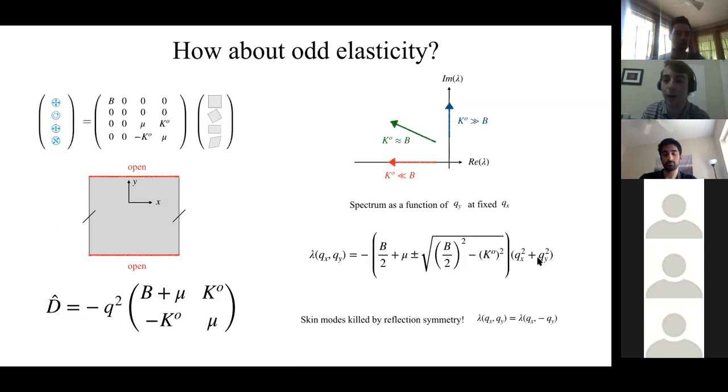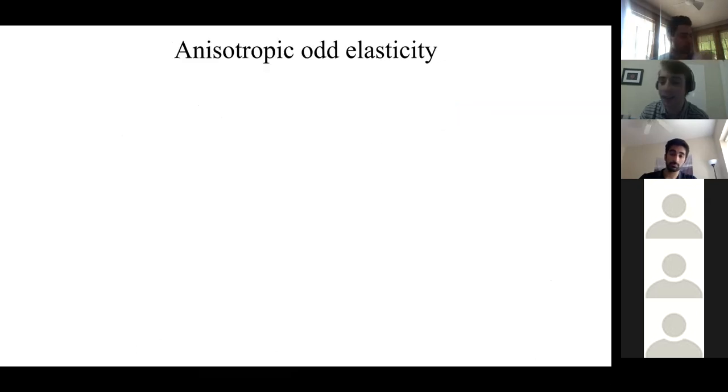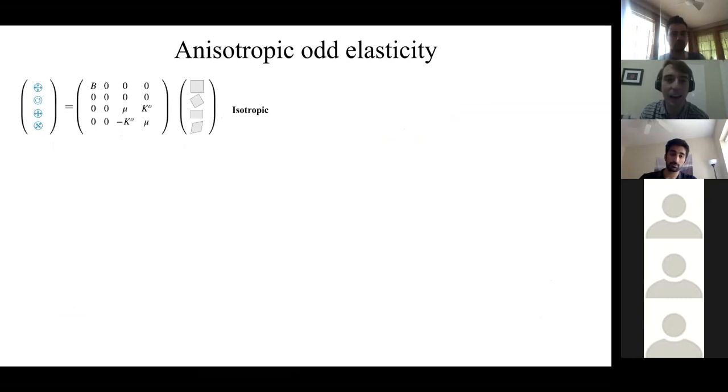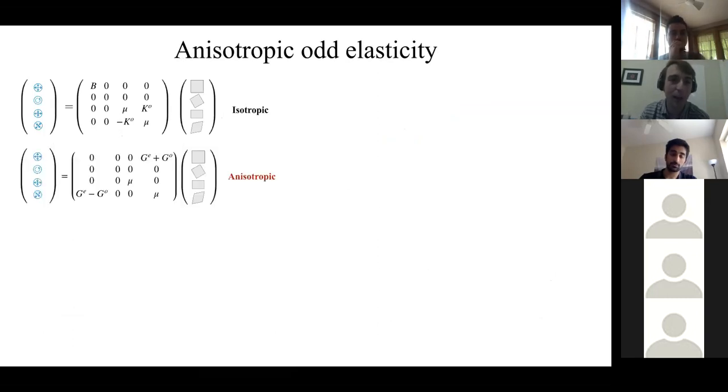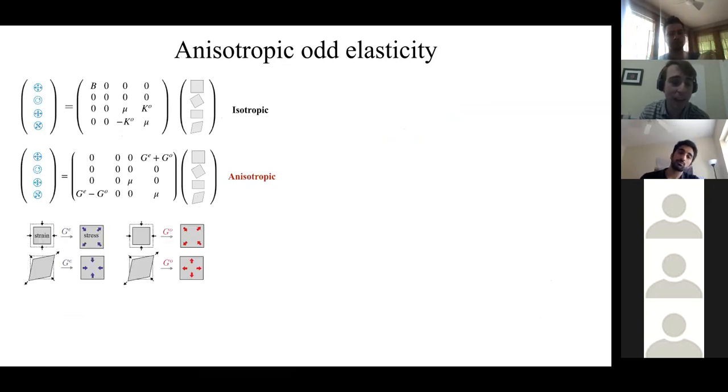So we know that the origin of the problem has something to do with having too many symmetries in the reciprocal space. So let's see the effects of anisotropy. The previous one we looked at was isotropic, but let's consider a simple example with anisotropy. I've coupled dilation and shear, and that coupling, if you go through, kind of looks like this.